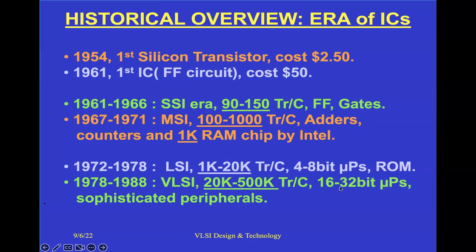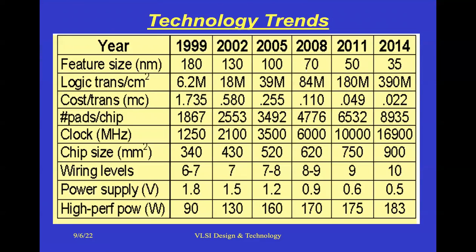Okay, so here they had microprocessors and sophisticated peripherals. Fine. So you can just see the feature size. The feature size is nothing but the channel length. You can also say that's the technology, 180 nanometer technology. These days you have transistors having channel length of 3 nanometer.